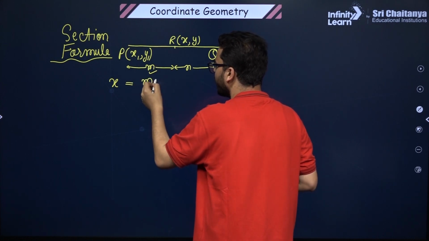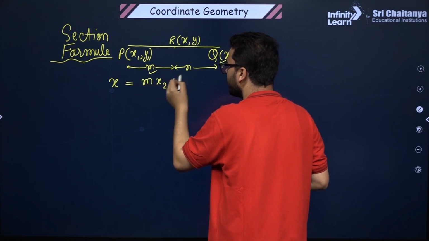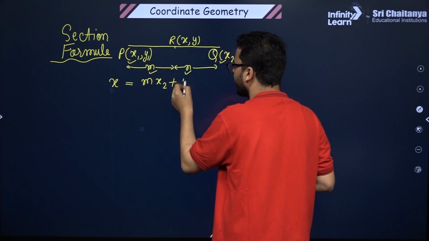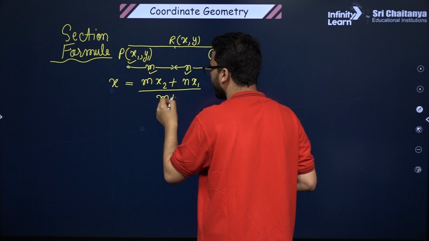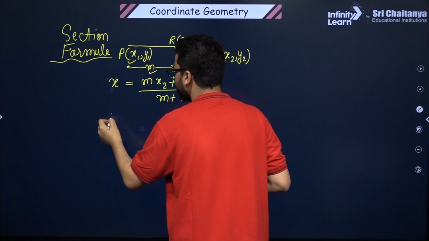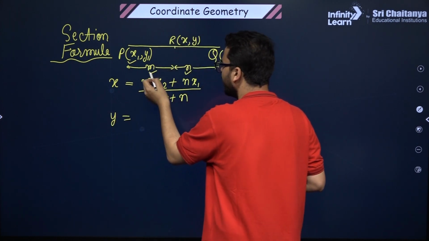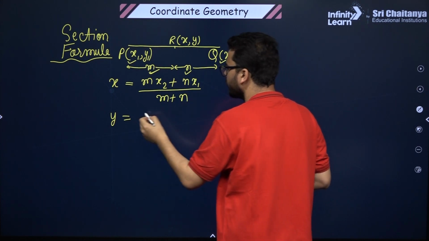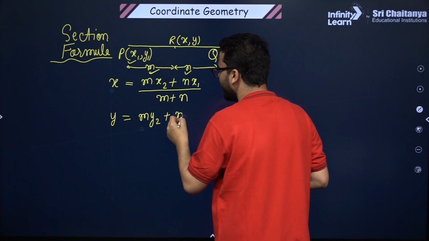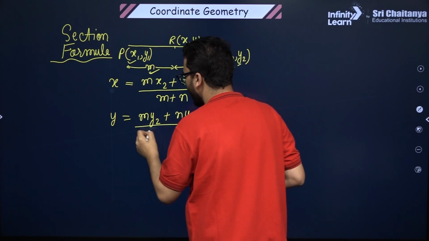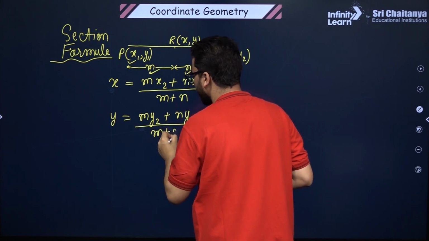The pattern you have to remember. And y will be also the same pattern, so it is my2 plus ny1 upon m plus n.